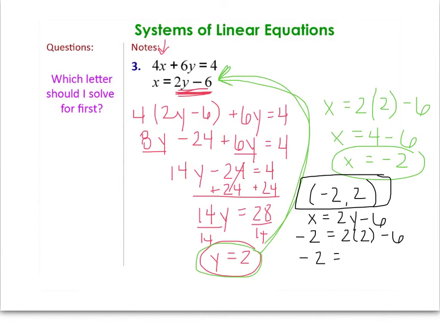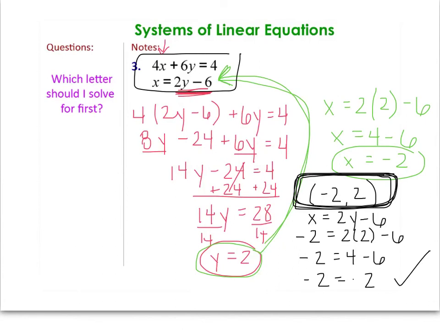Negative 2 equals 4 minus 6. Does negative 2 equal negative 2? Yep, so this is my answer, that point, negative 2, 2, meaning these two lines, if I were to graph them like we did the last couple classes, they would intersect at the point negative 2, 2.